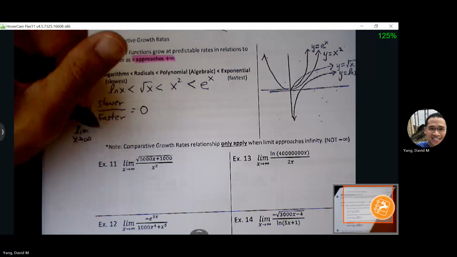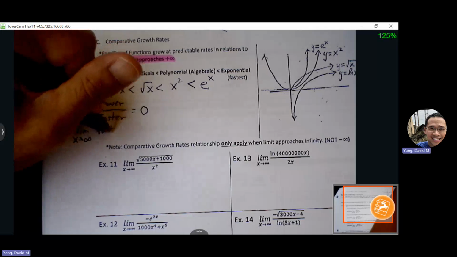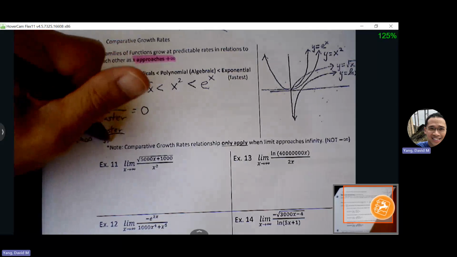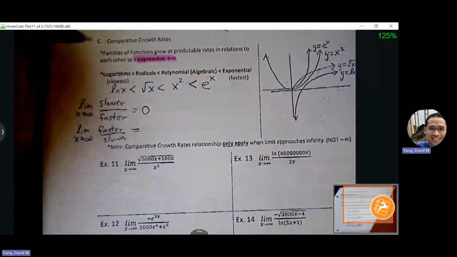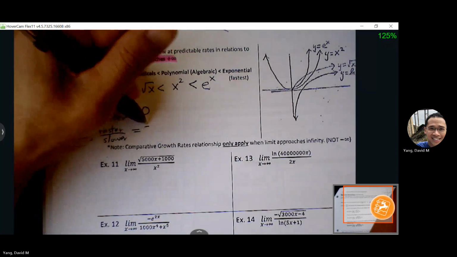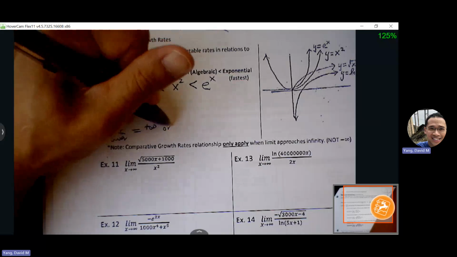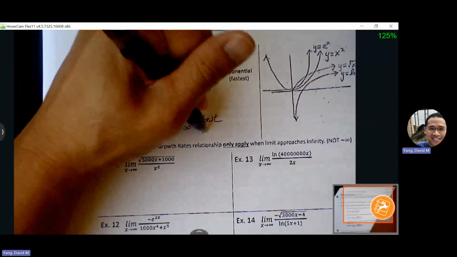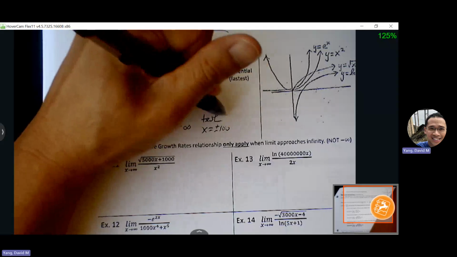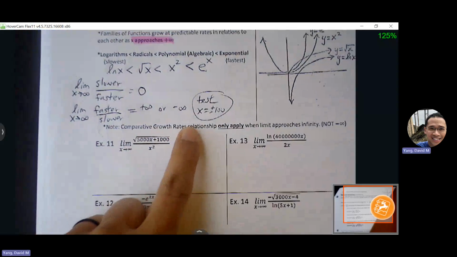Likewise, if my faster function is above and my slower is below, then my limit is either going to be what? Positive or negative infinity. And for this one, we may have to test a number to determine which direction it's headed.